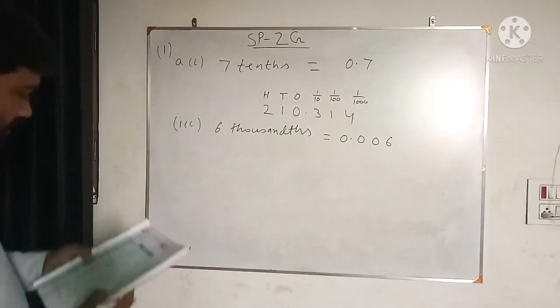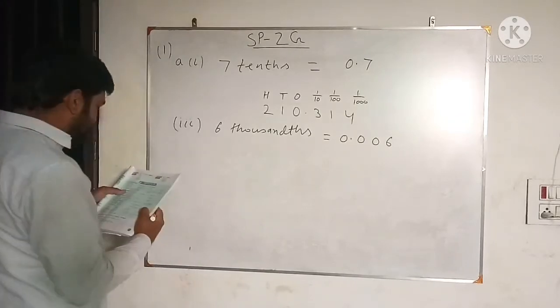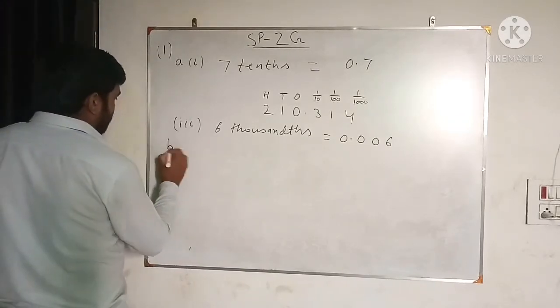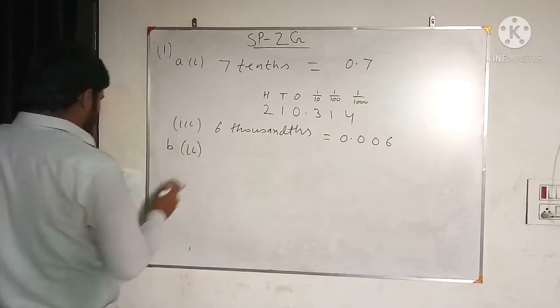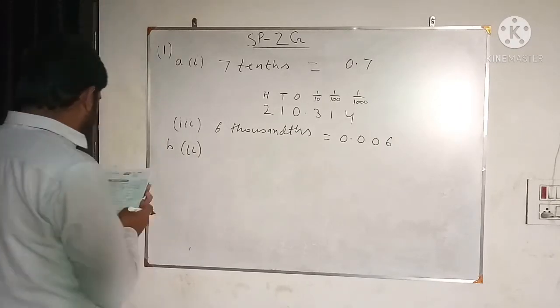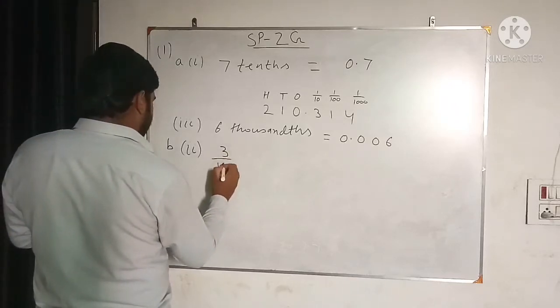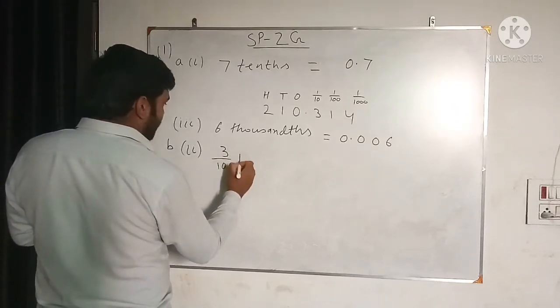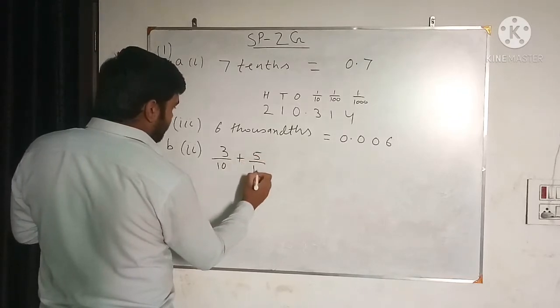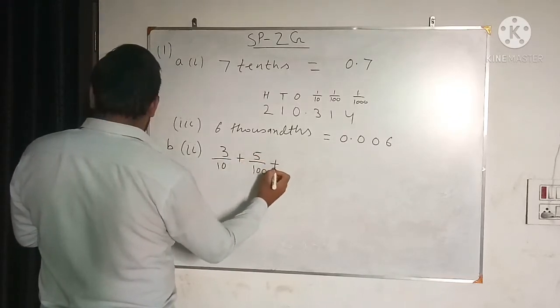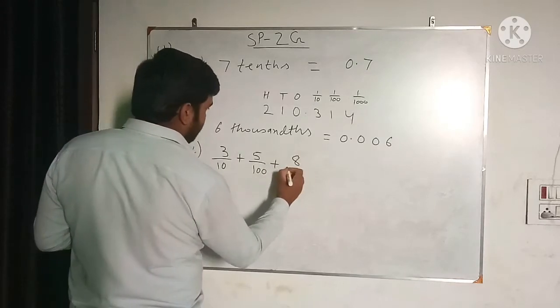B, second question. This also we have to write as a decimal. 3 by 10 plus 5 by 100 plus 8 by 1000.